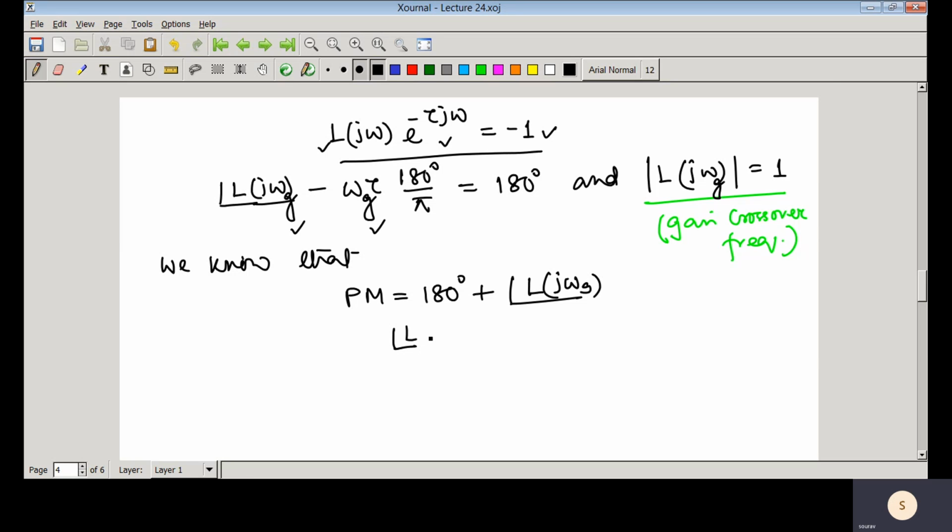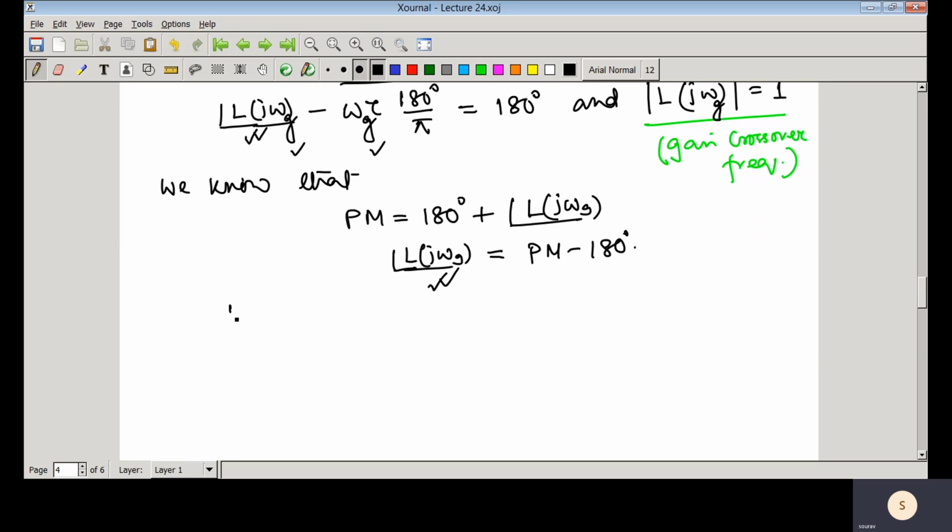So the angle of L j omega g is equal to phase margin minus 180 degree. Now if I replace this here, we get phase margin minus 180 degree minus omega g tau times 180 degree by pi equal to 180 degree.